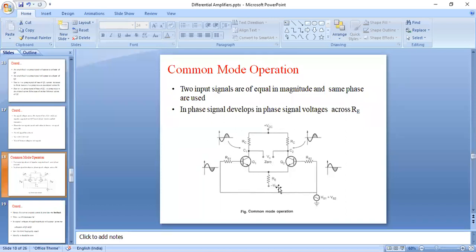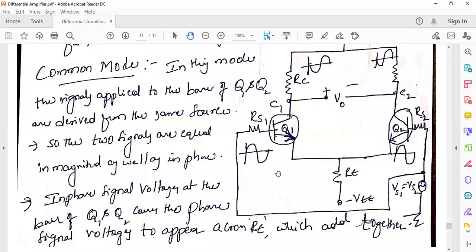Coming to the output section, balanced output, both are equal in magnitude. If this is minus 10 and this is minus 10, if you subtract those two, you are getting zero output between the two collectors of your differential amplifier. Zero output between two collectors of differential amplifier in common mode. So see, ఇక్కడ పాజిటివ్, ఇక్కడ మనకు నెగిటివ్ వస్తుంది, ఇక్కడ పాజిటివ్, ఇక్కడ నెగిటివ్ వస్తుంది.